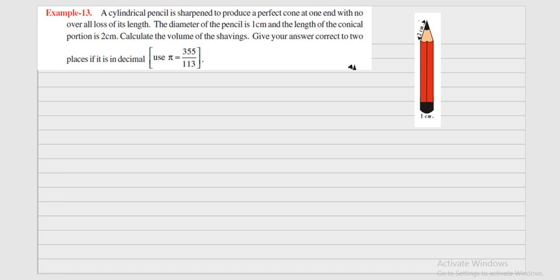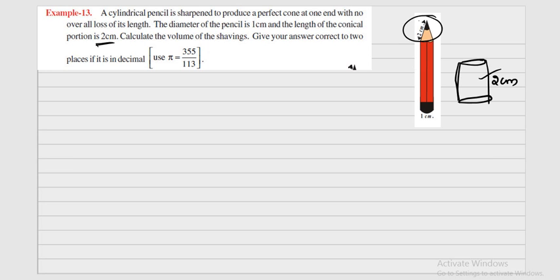So the volume of shaving is the volume of cylinder minus the volume of cone. See here, before sharpening the pencil it looks like this, and he has given the height of the pencil as 2 centimeters. That means this is the part we are representing here. So observe carefully.